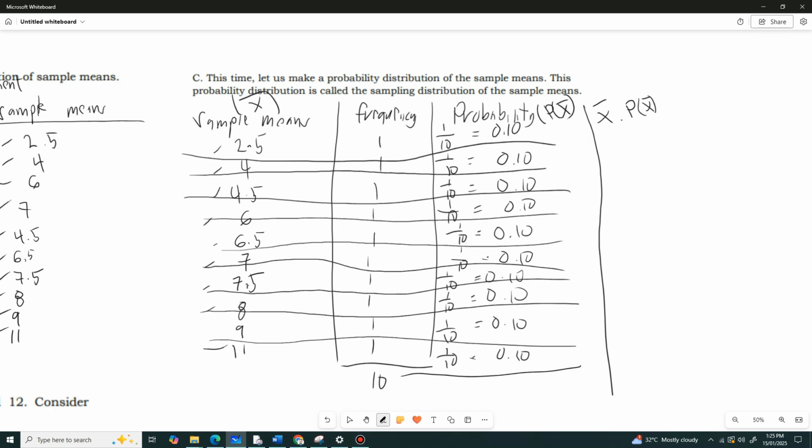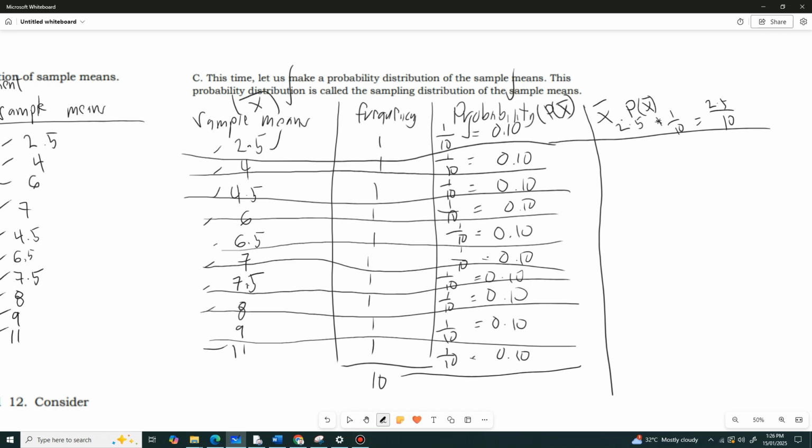So we will multiply this column, the sample means, by this column, the probability. For the first row, this is 2.5 times 1 over 10, which will give us 2.5 over 10.